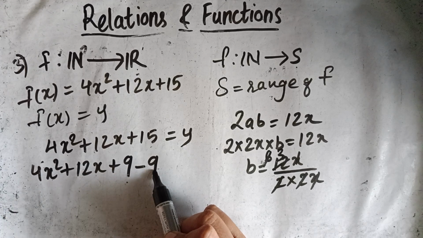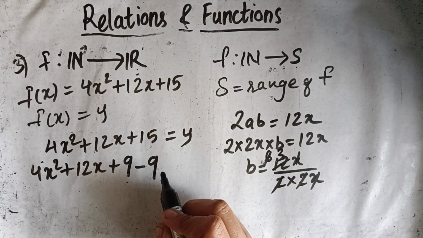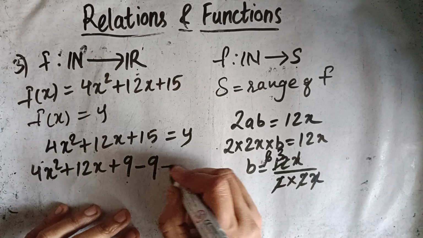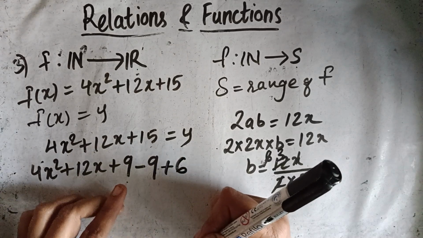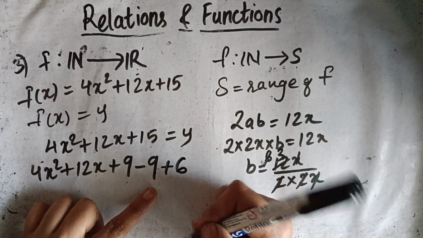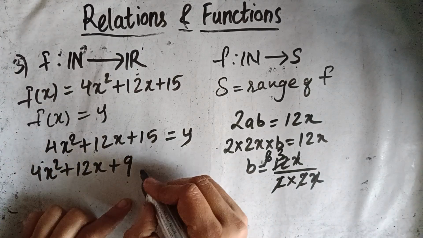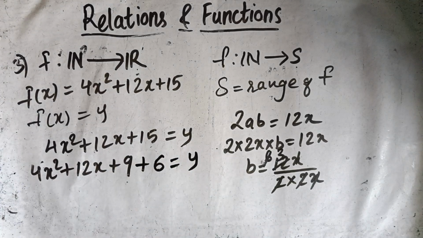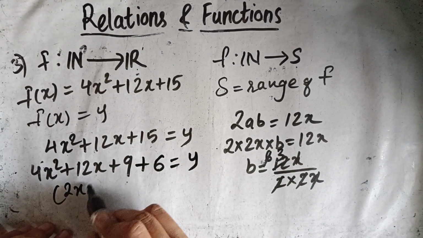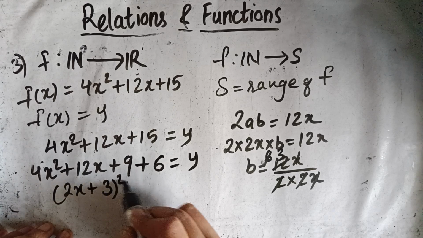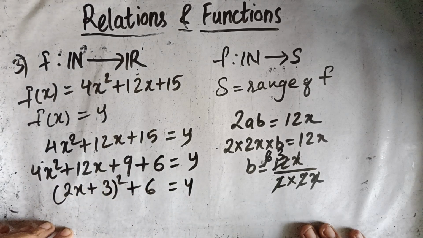Adding 9 plus 6 you should get 15. This 15 you can split like this. So this becomes 2x plus 3 the whole square plus 6 equal to y.